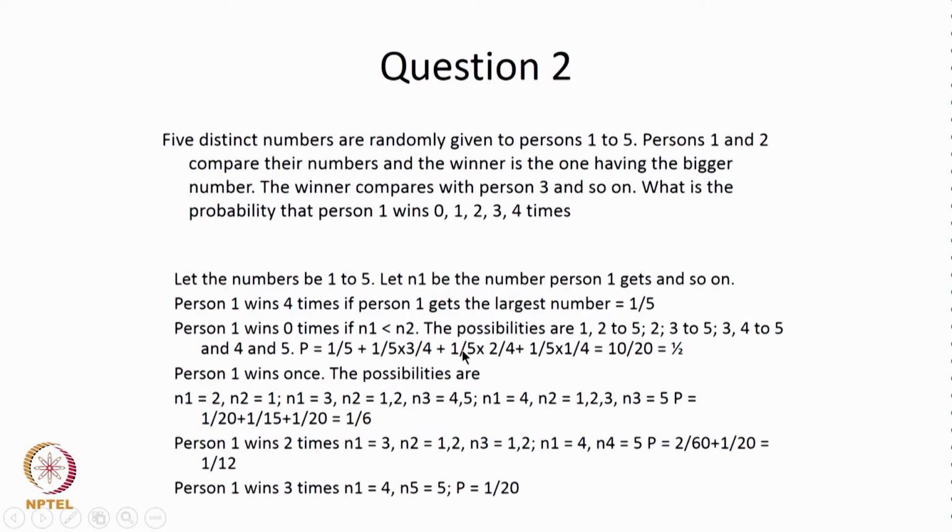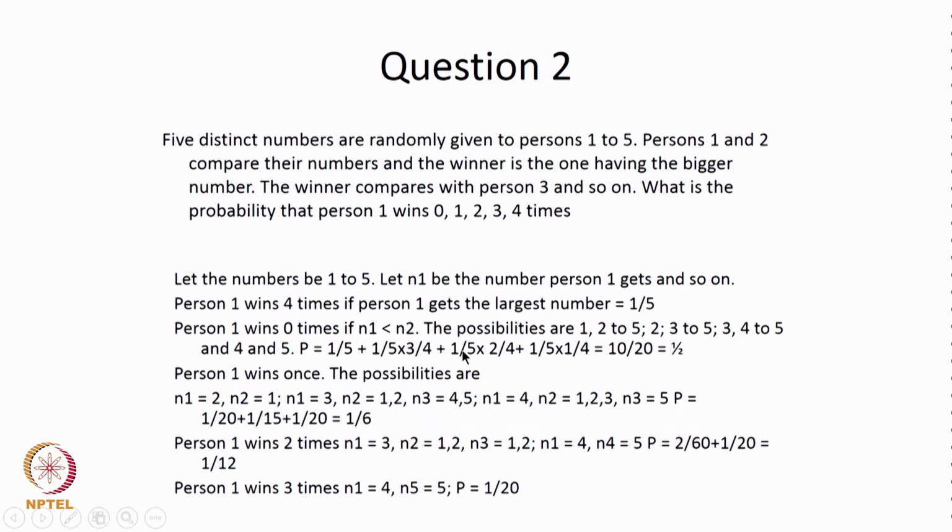person 1 getting number 1 is 1 by 5, which means person 2 will get anything from 2 or 3 or 4 or 5. Person 1 getting number 2 is 1 by 5. Now that is multiplied by person 2 getting numbers 3 or 4 or 5, 3 out of the 4 remaining numbers, so 3 by 4.